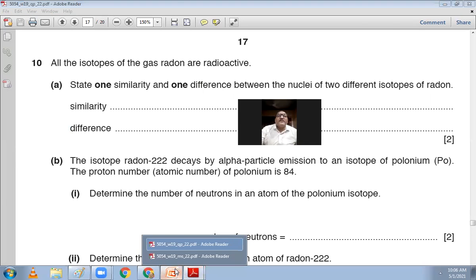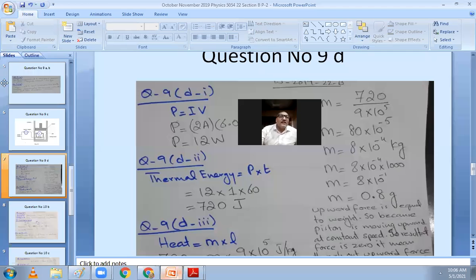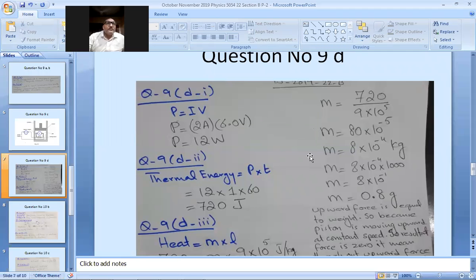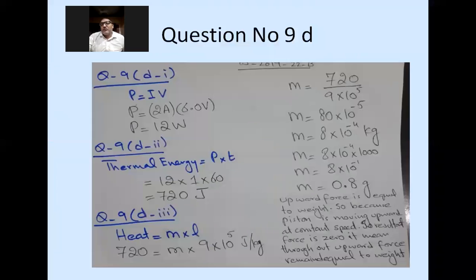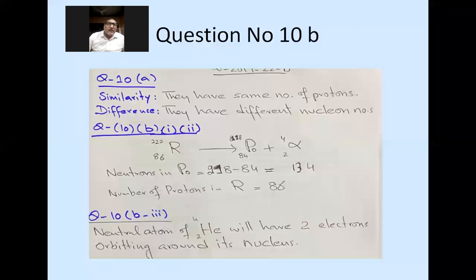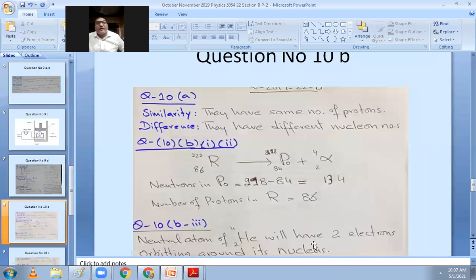Let me show you my answer. I have written this answer. So they have the same number of protons. They have different nucleon numbers. Okay, that's the next part.